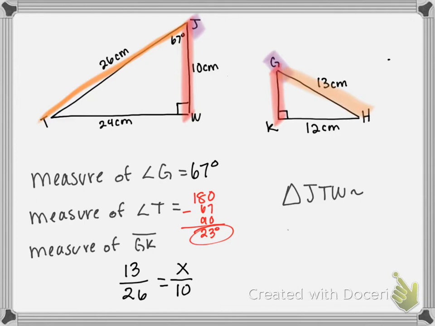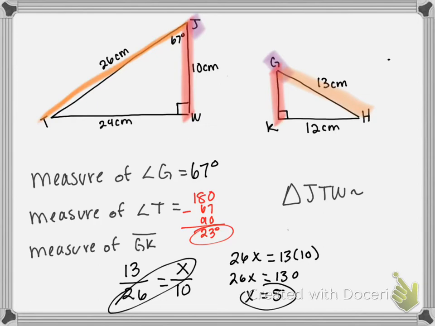So here we're going to put 26x is equal to 13 times 10. We've got 26, solve for x, so we get 13 times 10, we get 130, and we're going to divide that by 26. And we should get x equals 5. So x equals 5 here, the side length GK, and put over here, is going to be 5 centimeters.